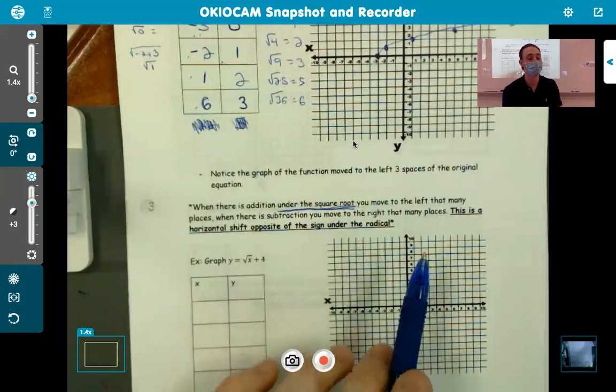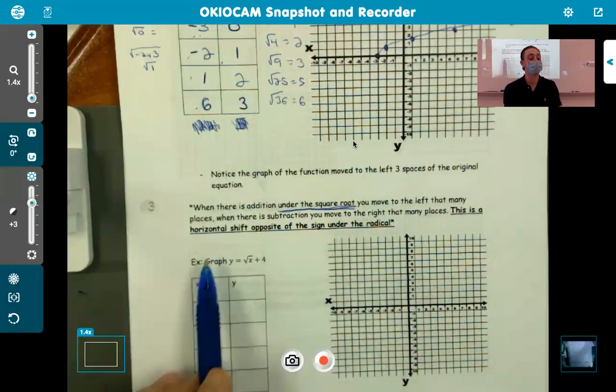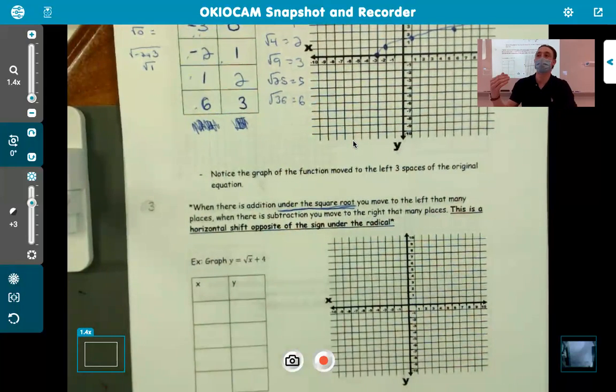When we're subtracting underneath the square root, we move to the right that many places. We call this a horizontal shift, and it's always opposite of the sign that's underneath the radical. A lot of times we associate right with positive and left with negative, but in this case, it is the opposite when we are underneath our square root.